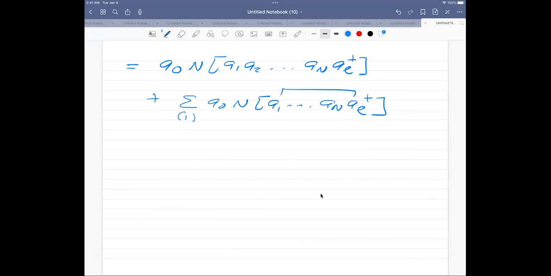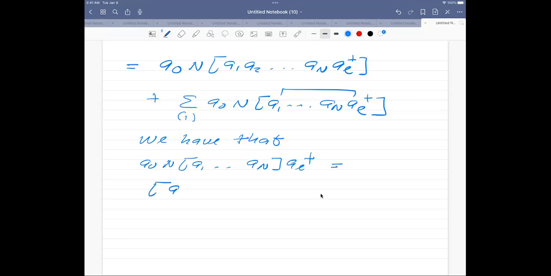If we look at the first term, we have A0 of n of A1 up to AN of AL dagger. Since this is an annihilation operator, this is automatically given by a product of A0, A1 up to AN multiplied with AL dagger.